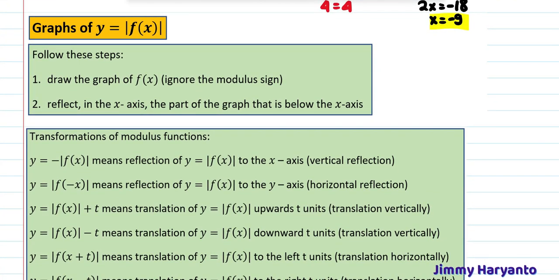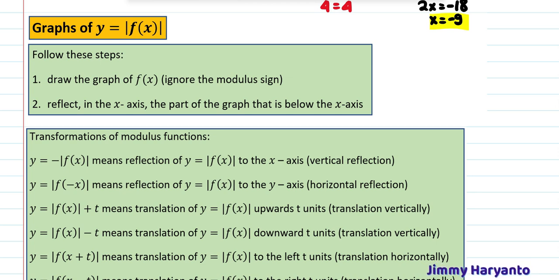The graph of y equals modulus of f(x). For this one you can follow the steps, which is draw the graph of f(x) by ignoring the modulus sign. So you have to draw the function without the modulus sign, and then you have to reflect in the x-axis the parts of the graph that are below the x-axis.